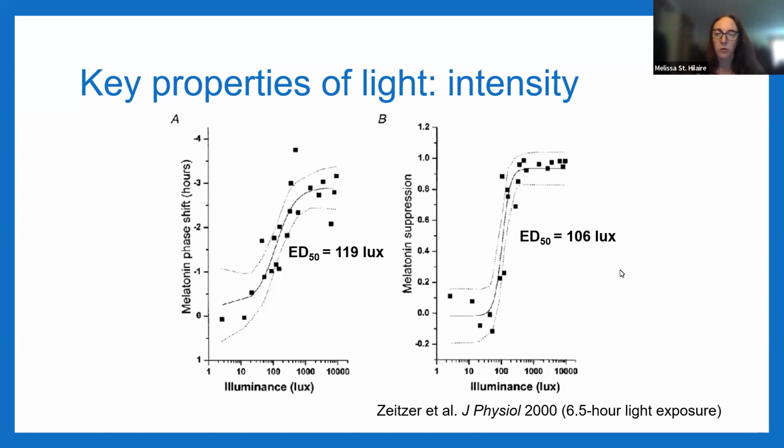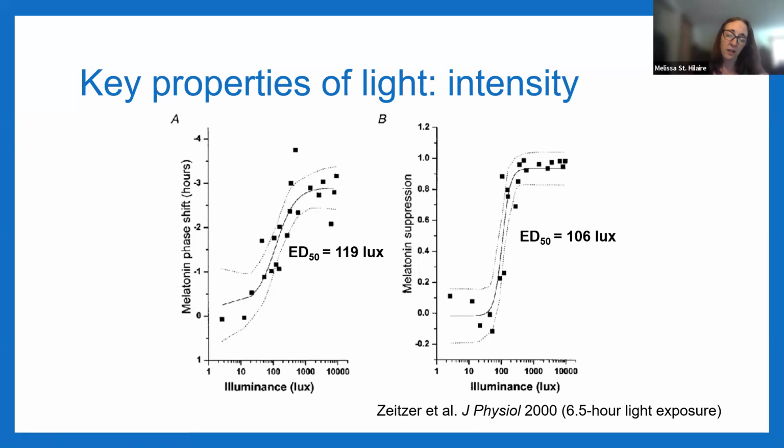Now, rodent work and other mammalian work had already discovered that the system was sensitive to lower light levels, but it really wasn't considered in humans until some of this work looking at these intensity response curves was done.